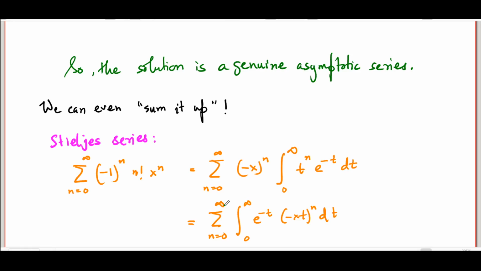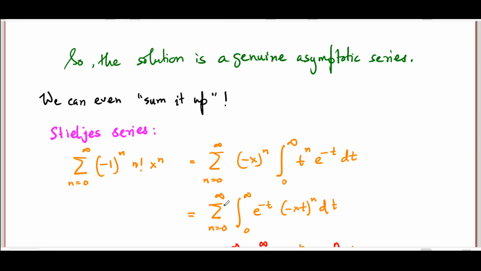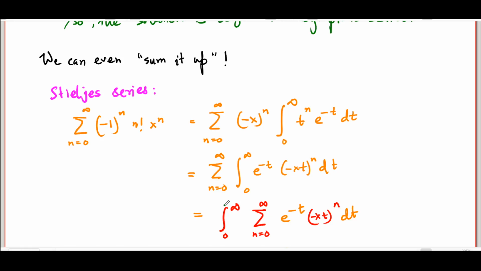But here we are doing this under rather suspicious circumstances. Well, accepting that, let's do it anyway. We have interchanged the sum and the integral here, and because this is a bit suspect, I have written this part in red just to draw your attention to that.